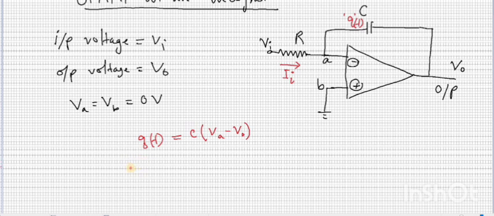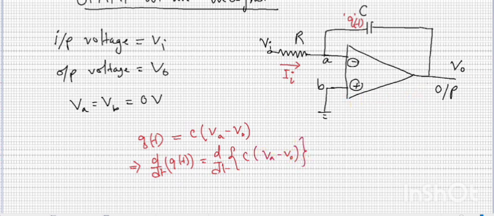So the current through the capacitor can be expressed by differentiating Q, a function of time, d by dt of C (Va minus V naught).